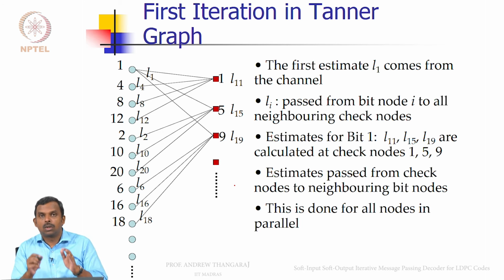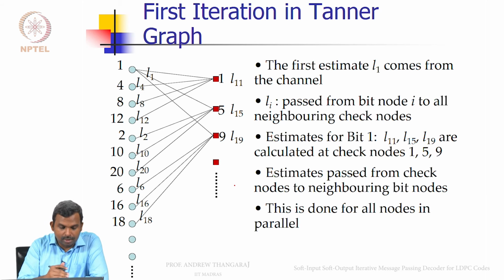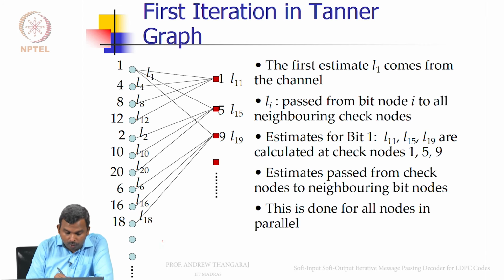So, like I said, this is actually the Tanner graph corresponding to the parity check matrix we saw before, in the earlier slide. Let me show you that earlier slide real quick.